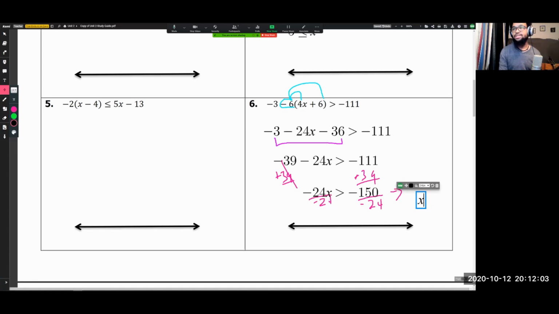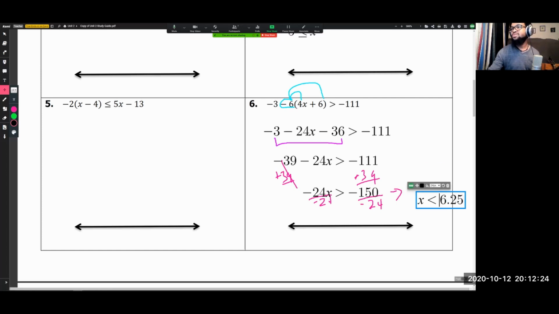Let's keep it lowercase. And since I've divided by a negative, the sign flips. Instead of it being greater than, it is now less than, and -150 divided by -24 is going to be 6.25.